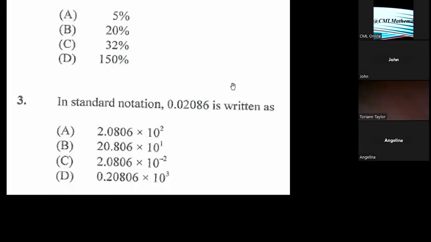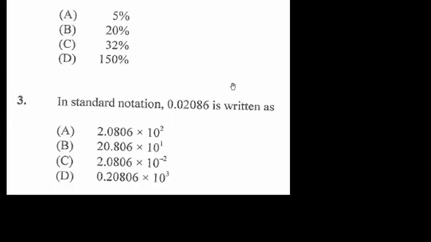But one thing CSEC usually does is, what they tend to do is, one answer is going to be correct, the other answer is not going to be so correct. They'll put the opposites of each other. So I'm seeing 2.0806 by 10 to the 2, and 2.0806 by 10 to the minus 2.